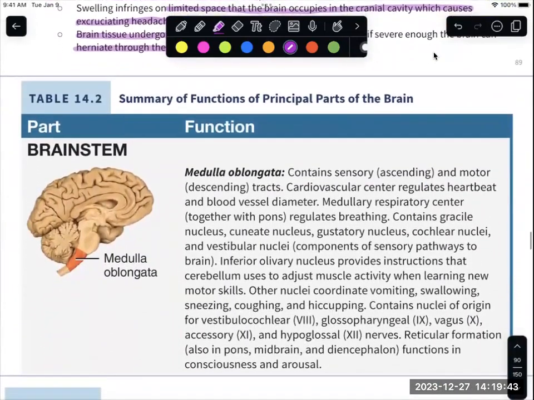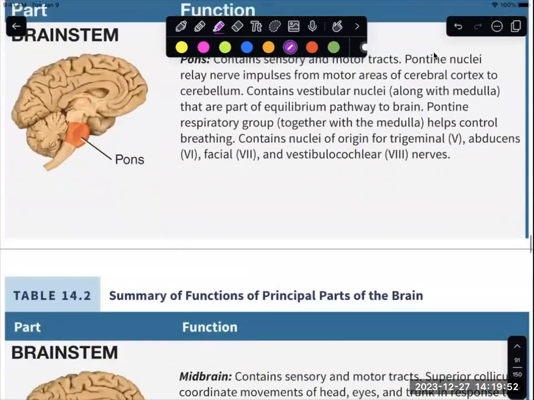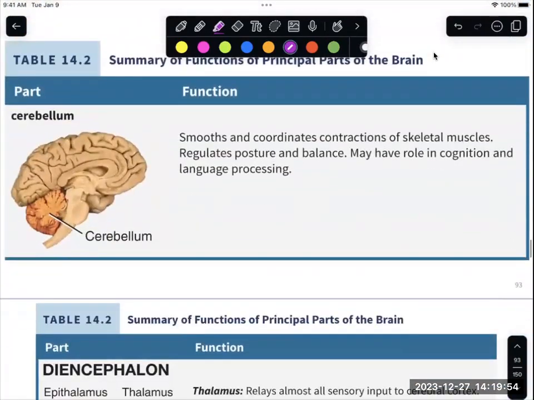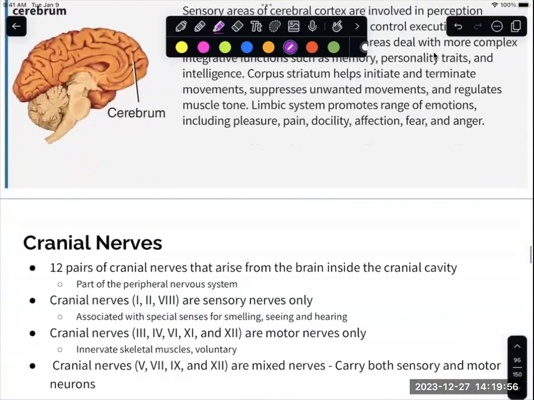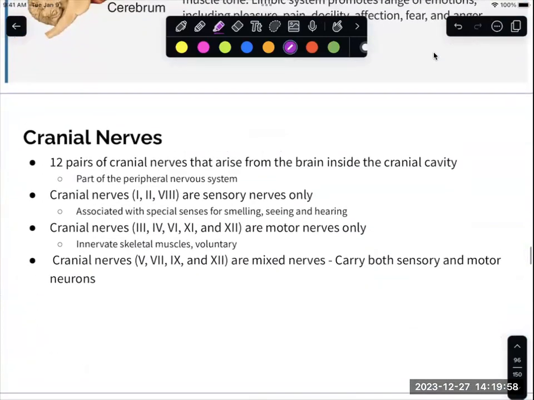So these are some nice charts from your textbook. It goes through all of the different parts of the brain and their function, starting from the brainstem, like we did in this chapter, and working our way up. So now we're going to go into our cranial nerves.